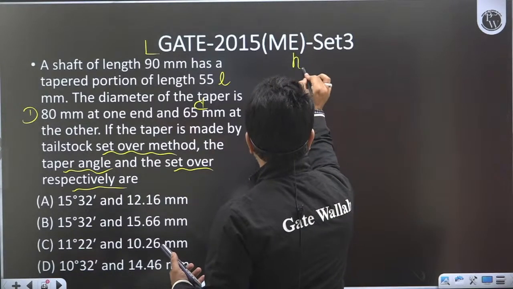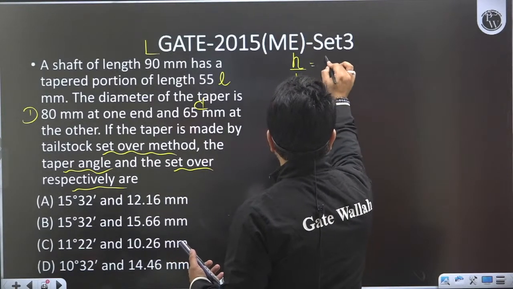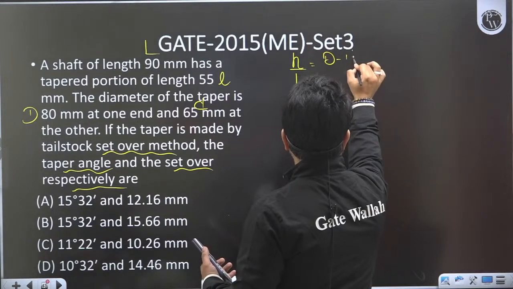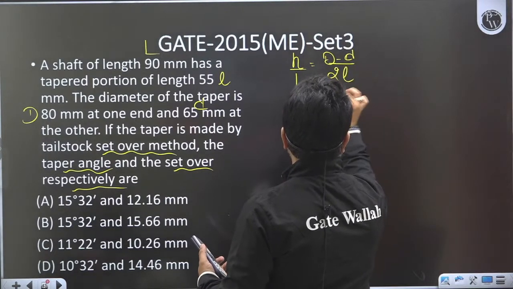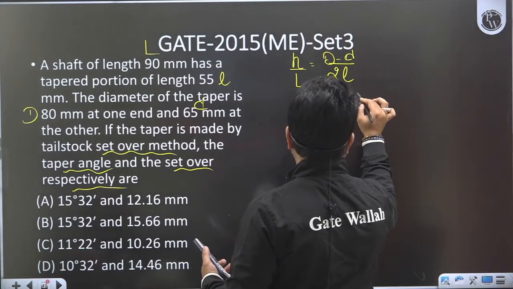So my dear, H by L equals capital D minus small d divided by 2L. So what is the set over height?